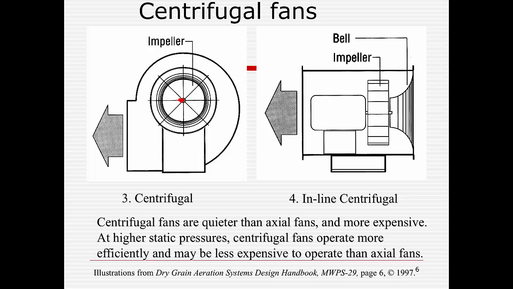The air enters into the central area, it's sucked up and then it's blown out. So it is a perpendicular direction. This is the point going into your screen. The air is sucked into your screen, then it's pulled up by the blades and pushed out.